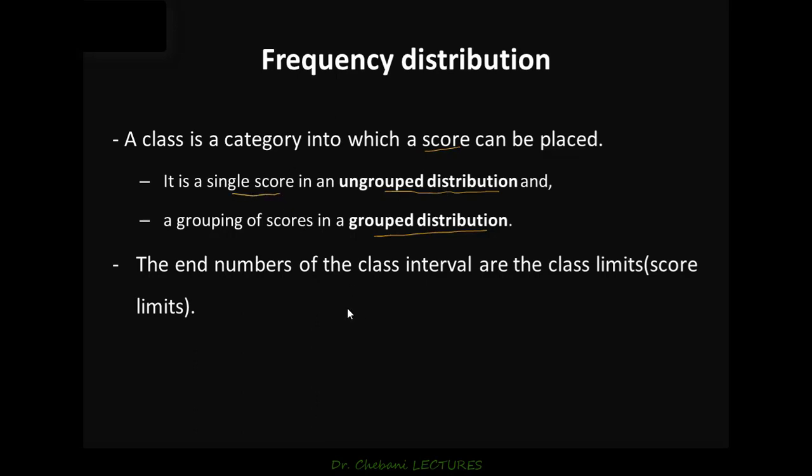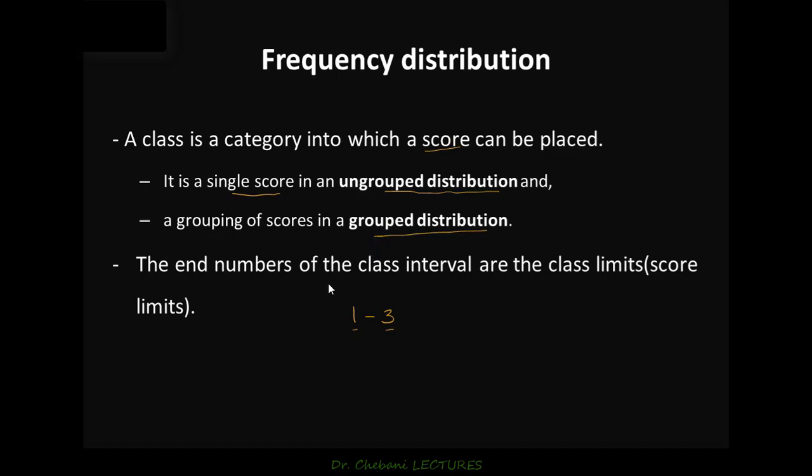You may have a class that starts at maybe 1, 2, 3, which means that this class includes all data values from 1, 2, 3. This is what we call grouping, right? This is important because it summarizes your data, and it makes your data easy to manipulate and easy to work with. In the next few slides, we'll spend some time familiarizing ourselves with grouped distributions.